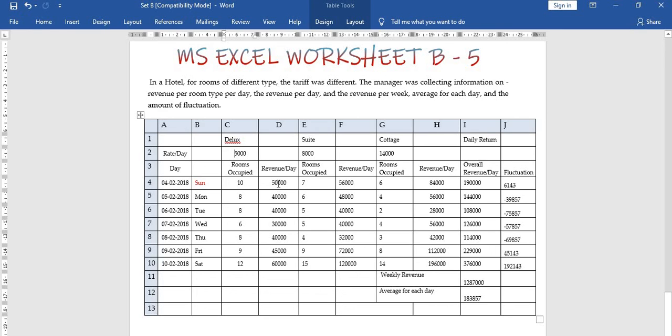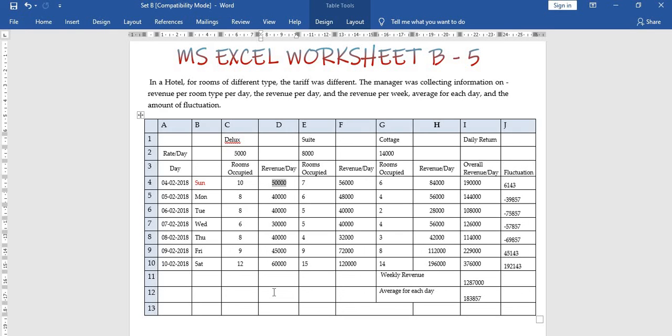Now this one, revenue per day, is therefore supposed to be calculated. So if a deluxe room costs 5,000 per day and if 10 rooms were blocked, then the revenue earned from deluxe rooms will be 5,000 into 10. Now if 5,000 is the room rent and on Monday 8 rooms were blocked, then for Monday the revenue will be 5,000 into 8.